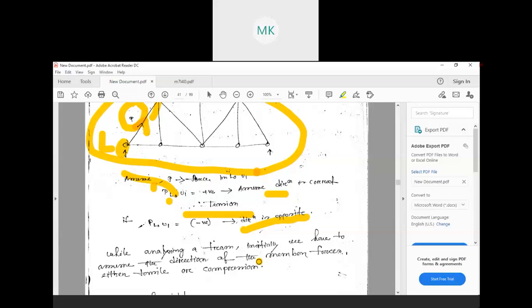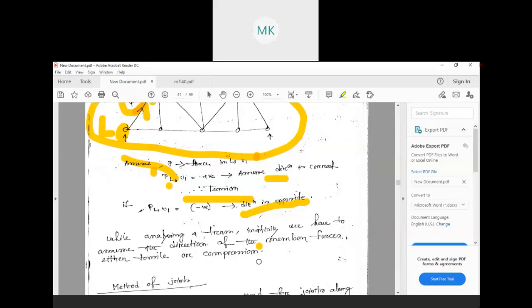When we solve a numerical, we need to consider the loads accordingly. First, we need to assume the direction of the load. After calculating, if we get a positive value, then our assumed direction is right. If we get the opposite value, then our assumed direction is wrong and the load is applied in the opposite direction.